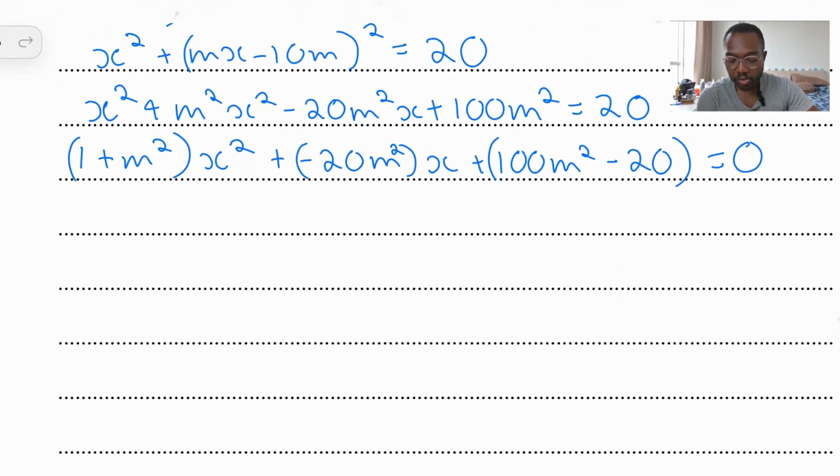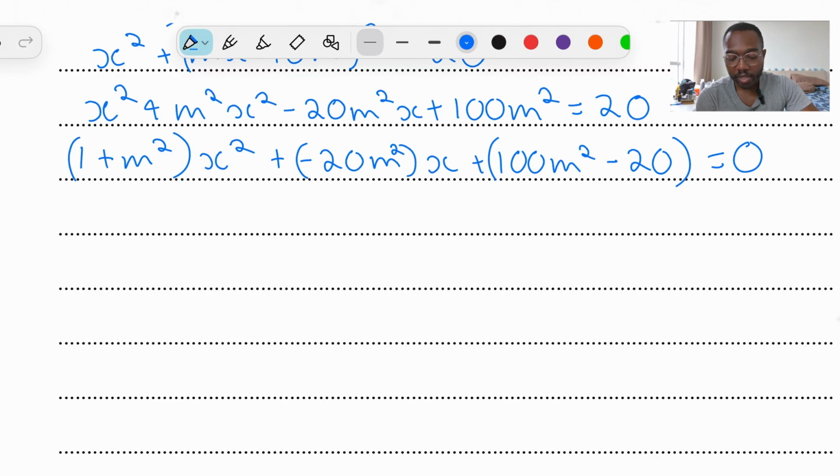Now, the reason why we get two solutions is due to the fact that we have m squared. Now, that m squared, that's where we're getting the two solutions from. But we can use the discriminant of b squared minus 4ac is equal to 0, because each of those lines, each will only intersect at one point on that circle. Therefore, it will only ever have one solution.